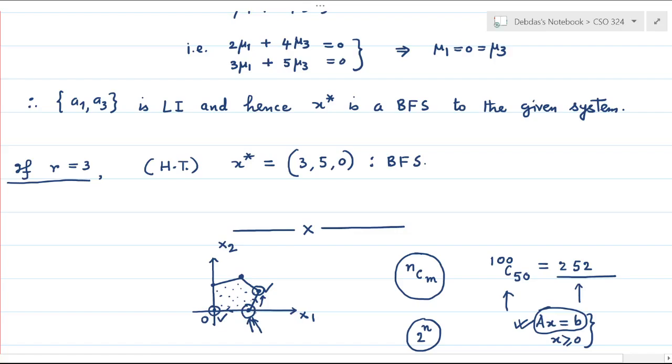If you find that at this point the function value is more than this, and at this point the function value is also more than this, then you move to this one, because that will give you maximum improvement of the objective function value. However, if you find that the objective function value at the adjacent vertices is not bigger than the objective function value at this point, then you have reached the optimum solution.